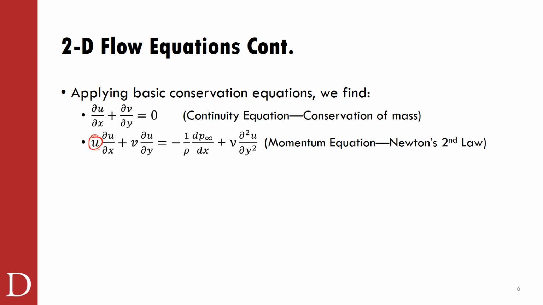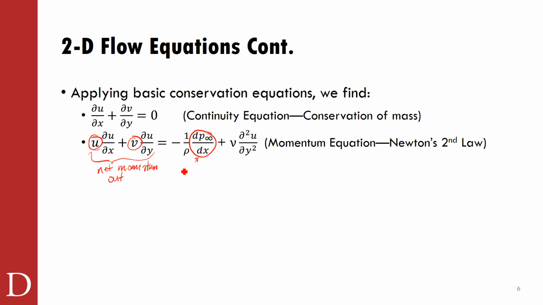And we're also going to get times our gradient in that direction. Here's our y velocity times our gradient of our u in the y direction. This is our momentum part of this. And then inside of this, what is this guy?